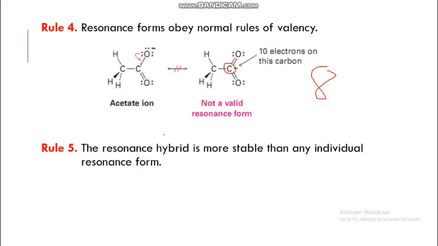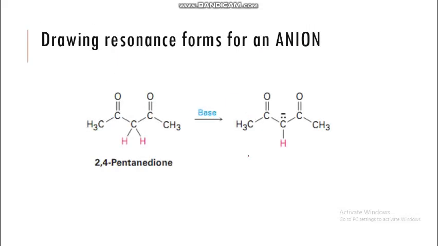Rule number 5, the resonance hybrid is more stable than any individual resonance form. So, resonance leads to stability. So, let's have this molecule, and for us to have formal charges on this molecule, we can react it with a base para maka-remove tayo ng isang hydrogen para magkaroon tayo ng anion form.